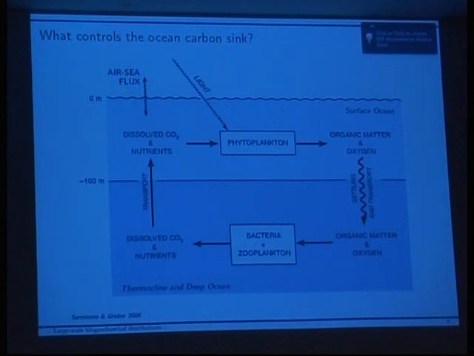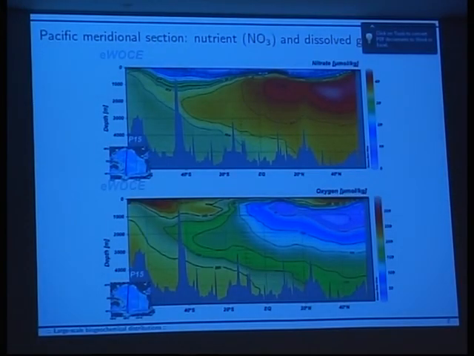Not all of this cycles through. Some of this sinks deeper, some of it sinks into the sediment. The sediment in the abyssal ocean, with time scales of 1,000 years, is a major controlling factor for atmospheric CO2, because you can remove the CO2 from the surface to the abyss.